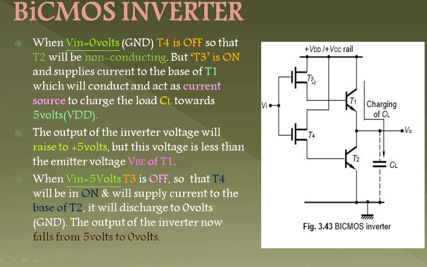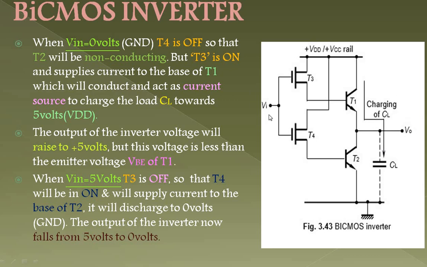Now NMOS is on. So it will be driving the current from T3 to T1 through the base of T1, and from this one your capacitor CL will be loaded towards the 5 volts. Correct? Now second one, the output of the inverter voltage will rise to 5 volts. Means what happens here, we will be getting 1 as the output.